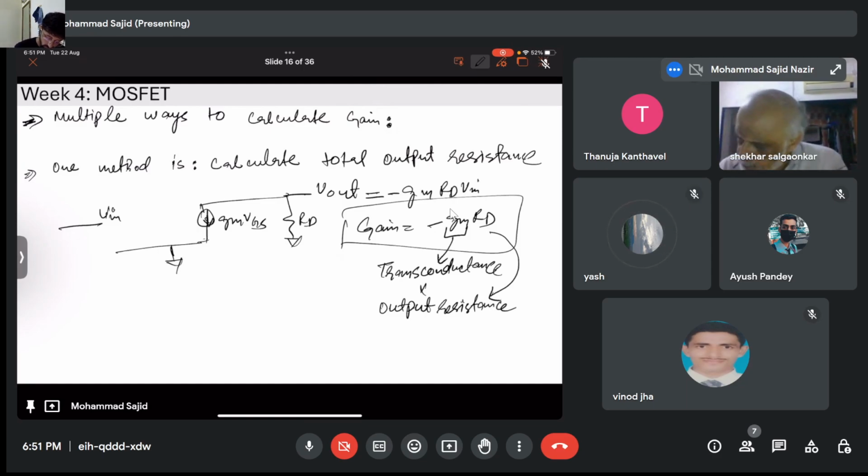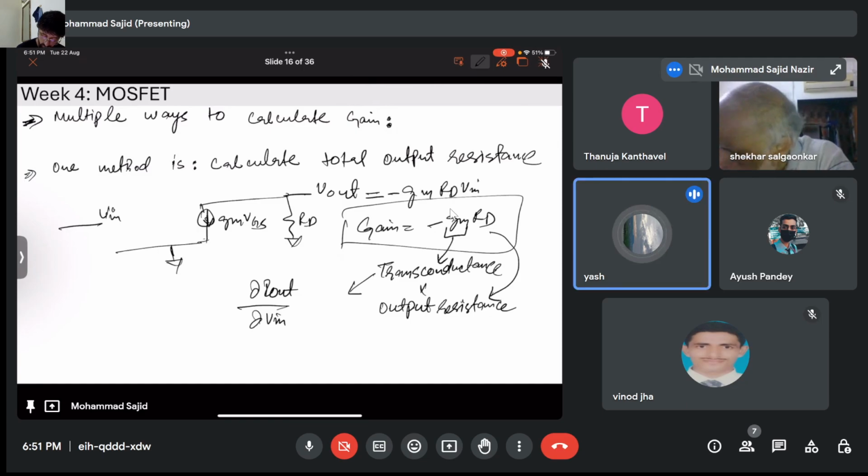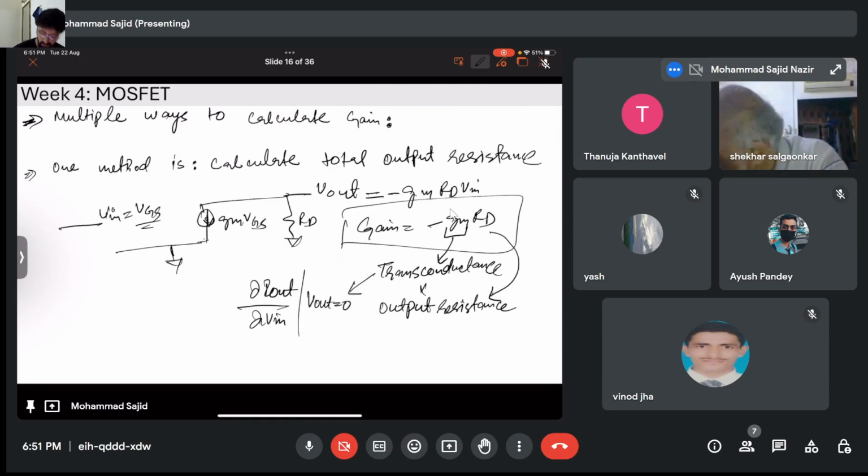Now, what is this transconductance? This is dI out by dV in, VGS. Yeah, that is V in. You can say both because here V in is VGS. So this is dI output by dV input at V output equal to 0. Actually, this is the condition for GM.